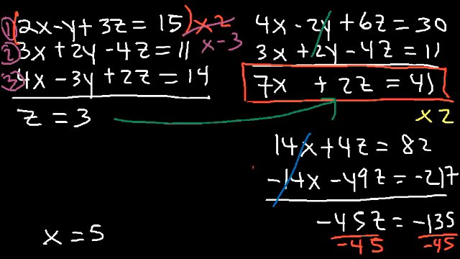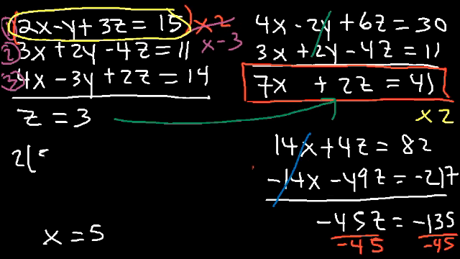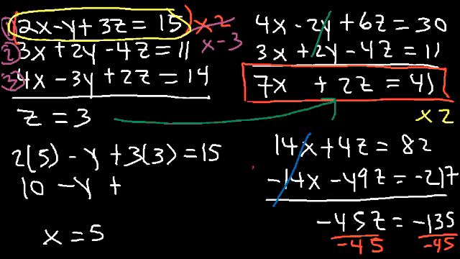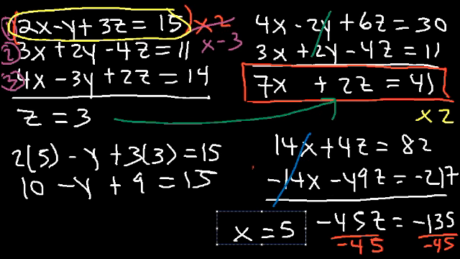Now that we have x and z, let's solve for y. And let's use the first equation since it has the smallest coefficients. 2 times 5 minus y plus 3 times 3 equals 15. 2 and 5 is 10. 3 and 3 is 9. 10 plus 9 is 19.